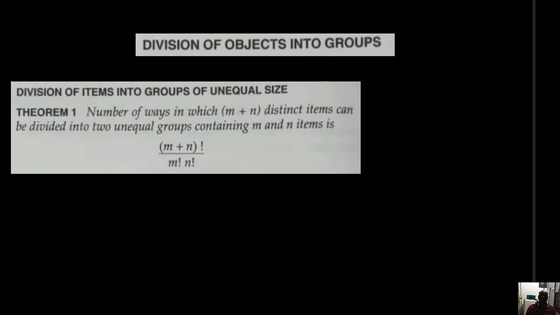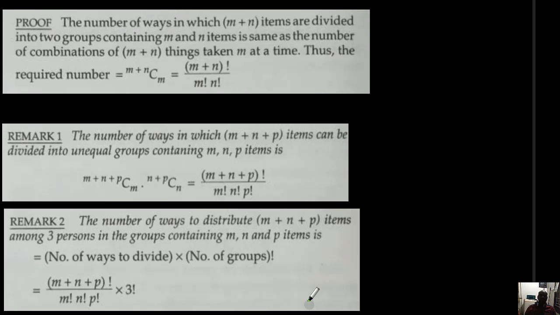Students, listen. Division of items into groups of unequal size. Theorem number 1: the number of ways in which m plus n distinct items can be divided into 2 unequal groups containing m and n elements respectively is (m plus n) factorial by m factorial into n factorial. So how to prove it? Just now I proved, no?